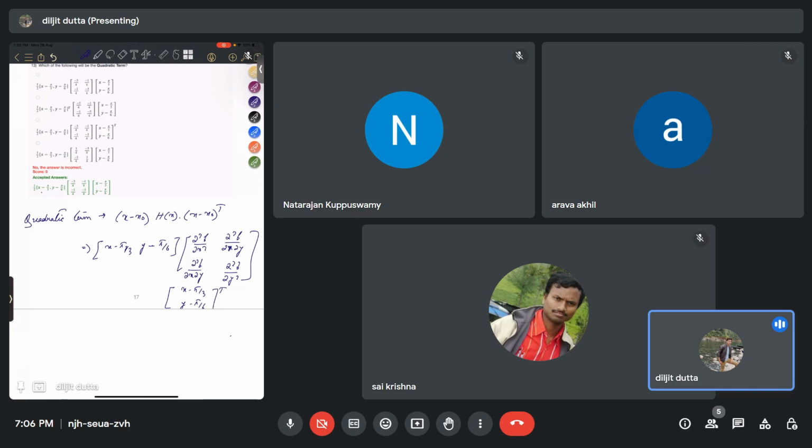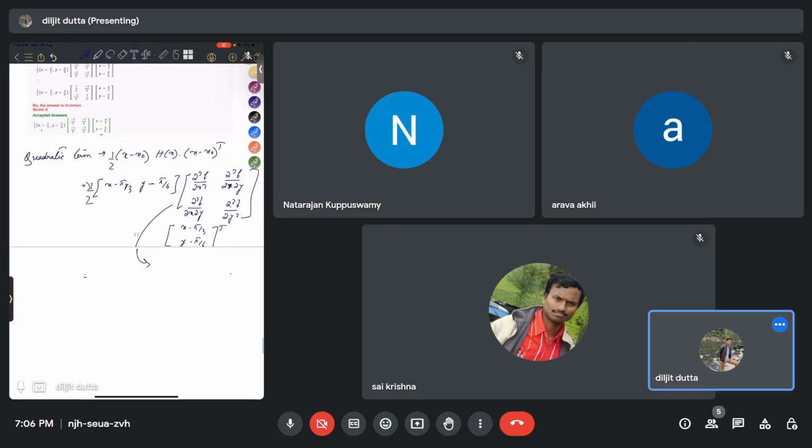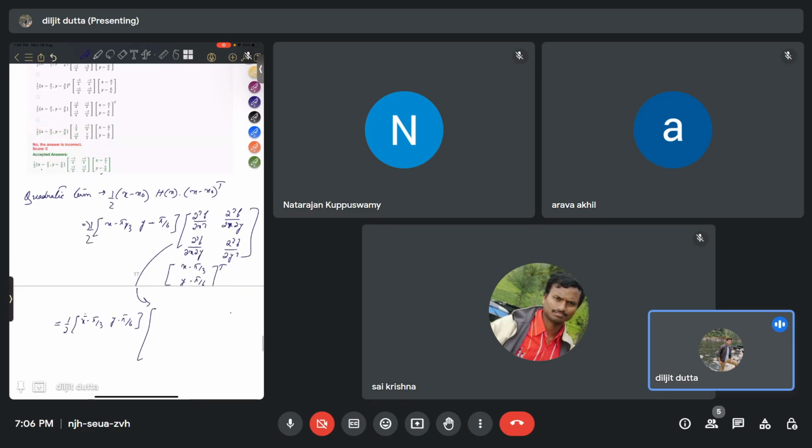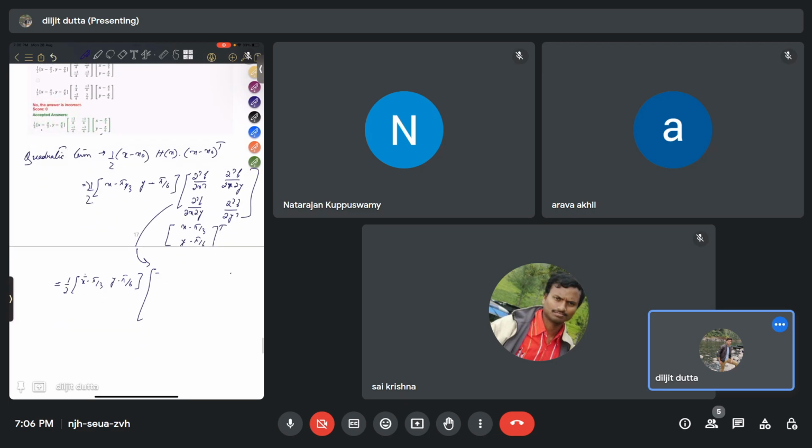So this first and last term will be constant. Oh yeah, into half. Don't forget the half. So we just replace the Hessian matrix. Del square f by del x square is minus 3 by 4.